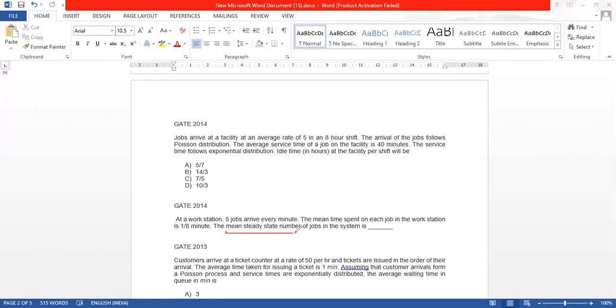What does this quantity mean? Suppose lambda and mu are given in every question. But what does this quantity mean? Can anyone say? The mean steady state number of jobs in the system. What does this thing mean?